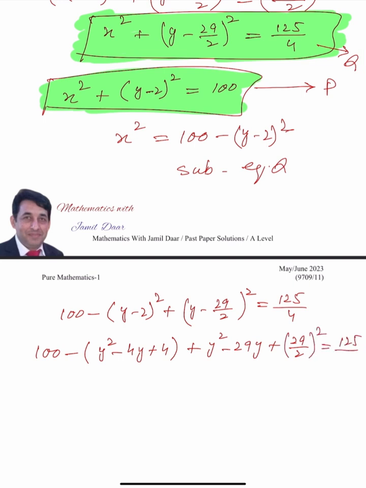I'll bring it to the other side: equal to 125 over 4 minus (29 over 2) whole square.